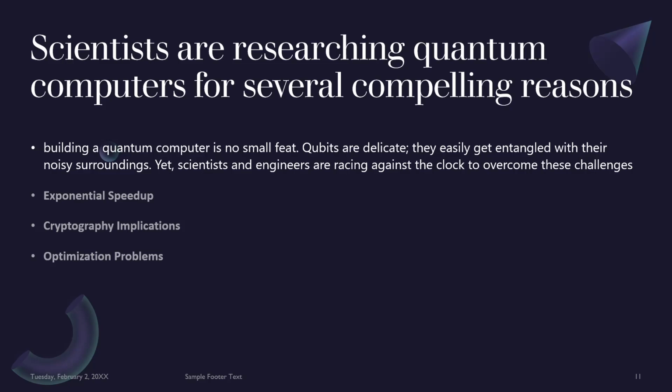Quantum computers are also well suited for solving optimization problems, such as route optimization, resource allocation, and scheduling. This could have applications in logistics, finance, and various industries where efficient resource utilization is crucial.